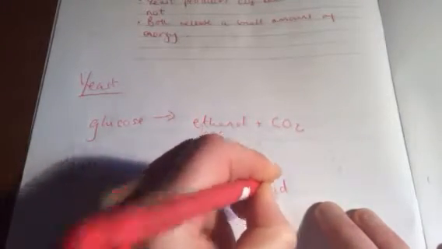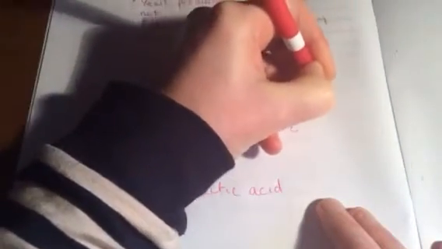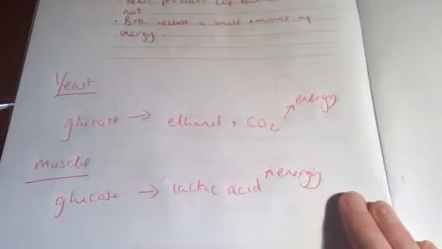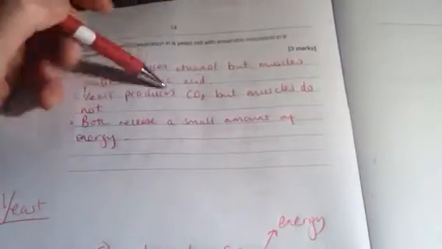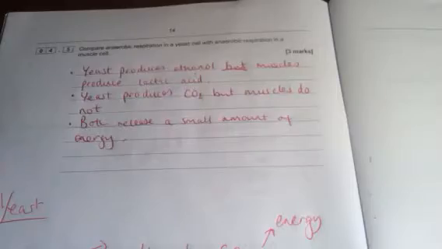Remember, we're not looking at aerobic respiration. Both of these are going to release energy because respiration releases energy. But there is a subtle difference between the two. If we're comparing them, yeast produces ethanol, there's my comparative word, but muscles produce lactic acid.